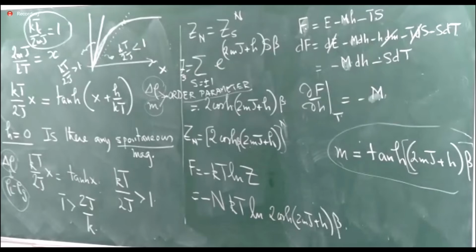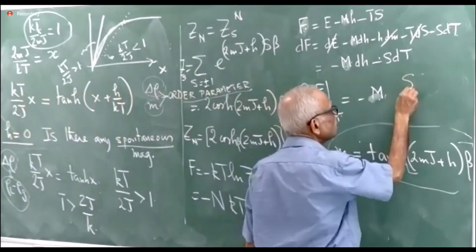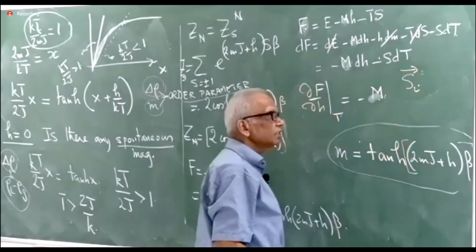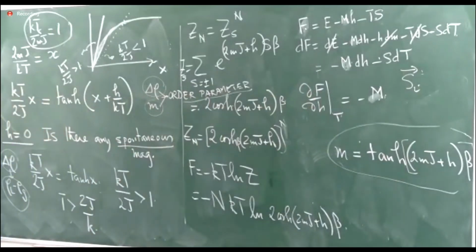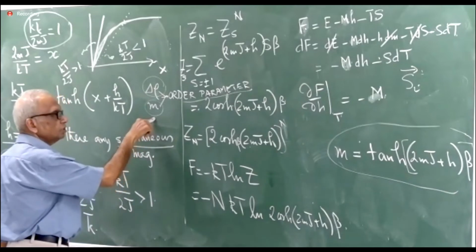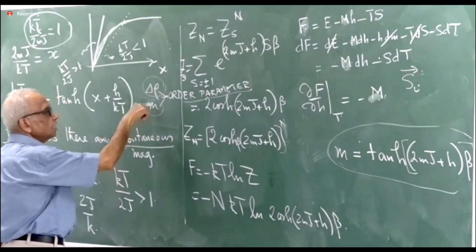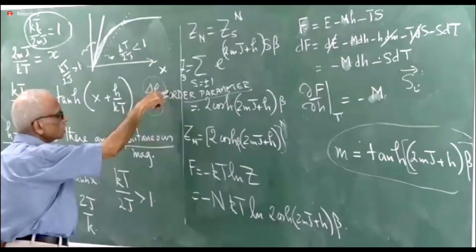In which case I would have to use the spin as a vector, S_i vector, and then the order parameter would become a vector quantity. Over here, the order parameter is a scalar. In the liquid gas transition, delta rho is a scalar.